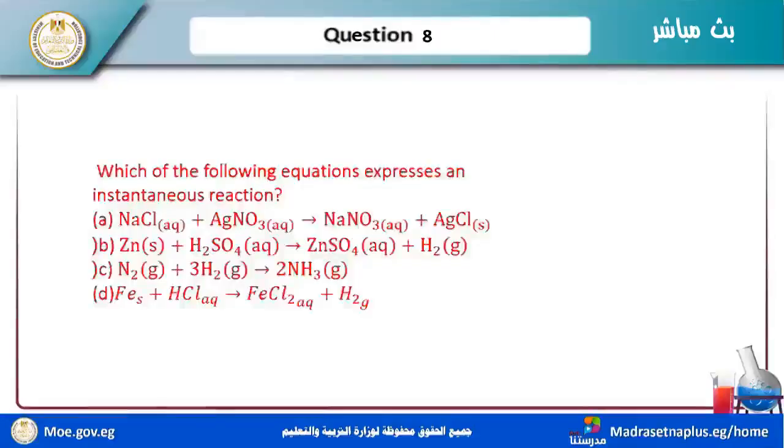Now we move to question number 8. Which of the following equations expresses an instantaneous reaction? A, NaCl plus AgNO3 produces NaNO3 plus AgCl.